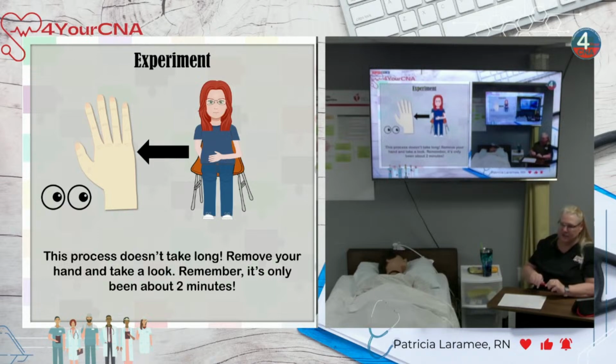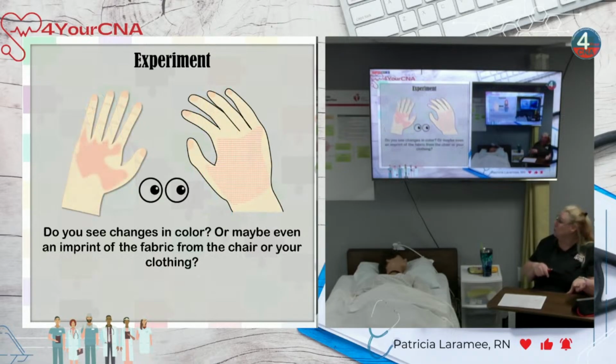In patients that don't have good protein intake, no ability to move on their own, poor blood flow, this can get really, really serious with your patients. And pressure sores are no joke. Pressure sores within a few hours can get deep enough that we see bone. And it can take months, if not years, to recover from.